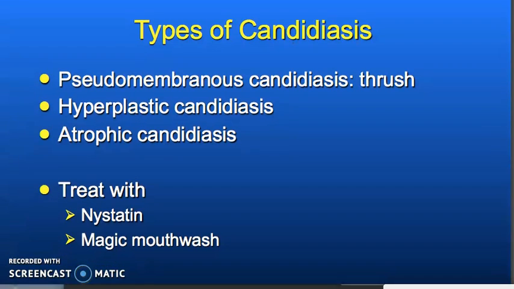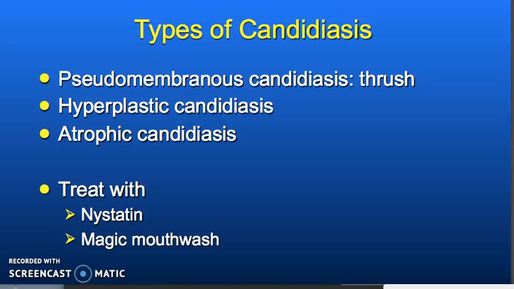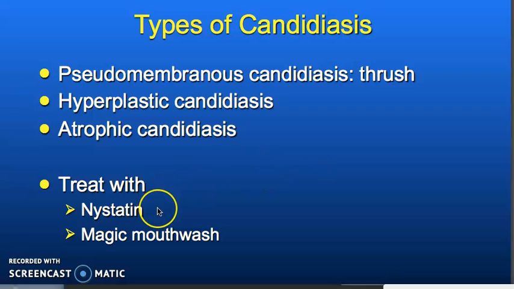So we can look at this type of candidiasis, pseudomembranous candidiasis, that's thrush. Then we have hyperplastic candidiasis, and then we have atrophic candidiasis. All of these can be treated with nystatin.